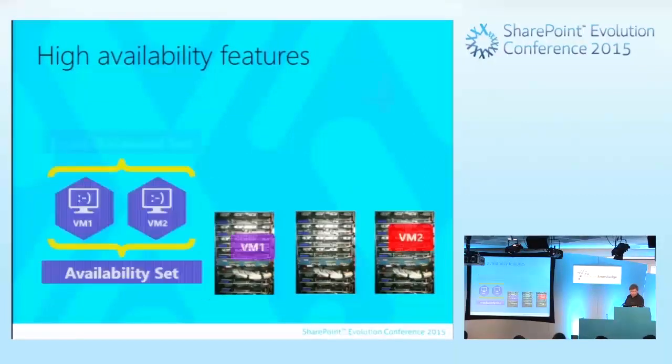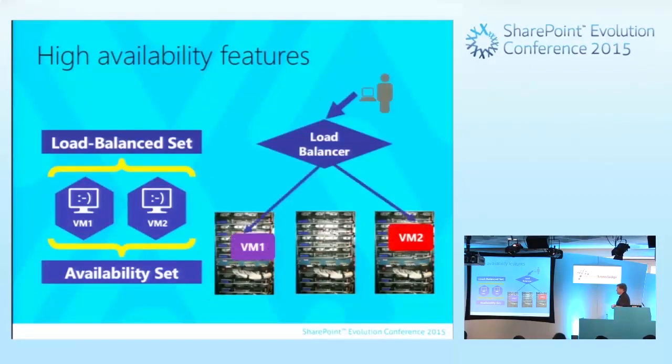Thinking about those features in general, the concept of load balance set and availability set gives us 2 things. Availability sets give us redundancy at the hardware level, and the load balance set gives us redundancy at the application level. If you're building SharePoint, and this is common to any web application, make sure you distribute your roles.